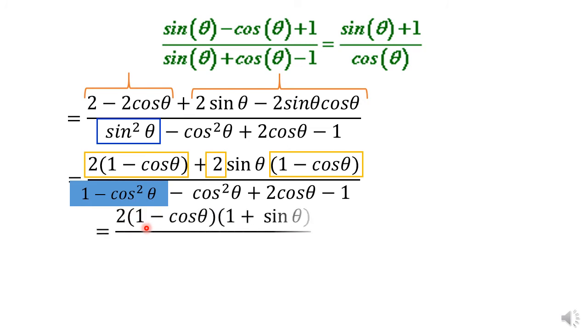Okay? So ang numerator natin, pinactor out natin si 2 times 1 minus cosine theta. So ang natirang other factor will be 1. Kasama nito yung 1 understood cofactor of this plus sine theta. Okay? Sa baba naman, magka-cancel yung 1 minus 1. Tapos we can combine the 2 negative cosine squared theta to make it negative 2 cosine squared theta plus 2 cosine theta.